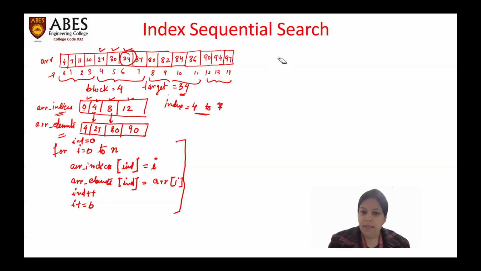The next task is to check whether the value that we are searching for is less than the first element of the array. If it is, then it is going to be an unsuccessful search. So we have to check whether the target value is less than ARR of 0.